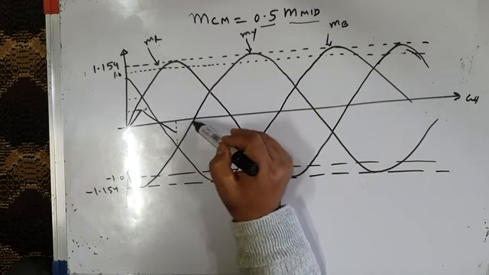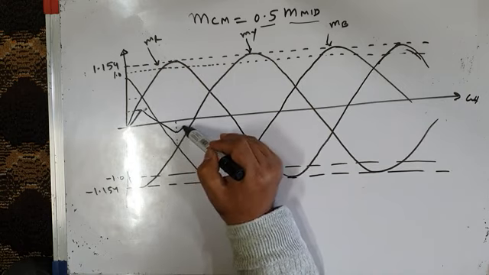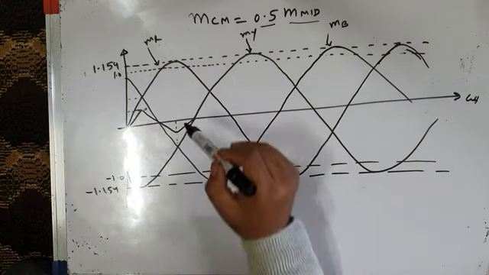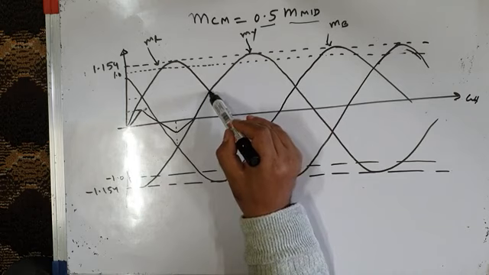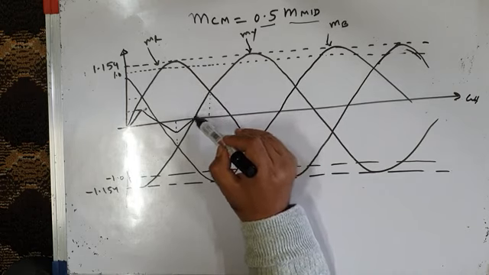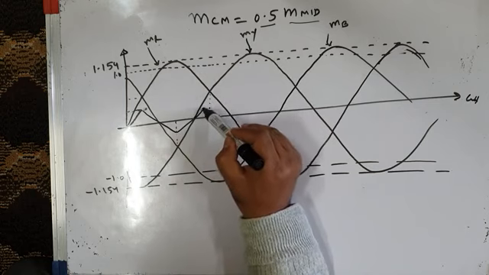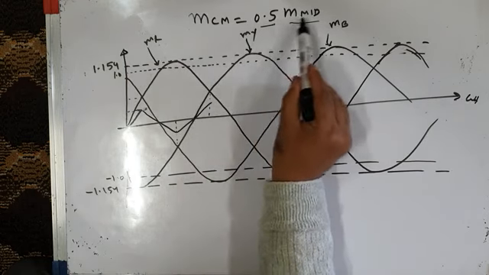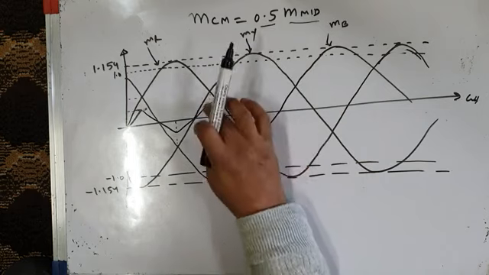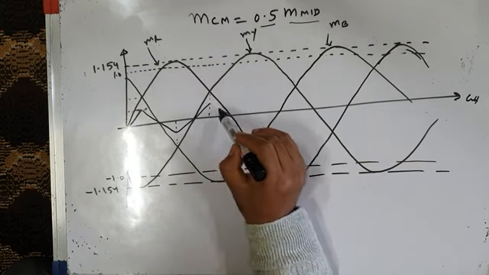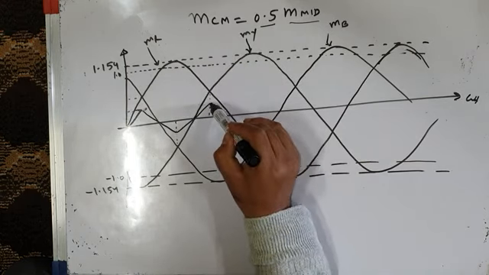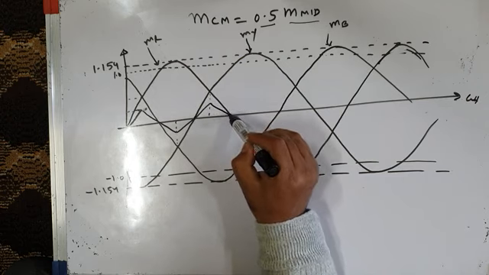So it's not MY, it is 0.5 MY. So it's 0.5 M mid. From 120 to 150 degrees, it's 0.5 MY again. It's not MY, it is half of it, because your MCM is not M mid, it is 0.5 M mid. From 150 to 180 degrees, it's again 0.5 MR, so it will come down.